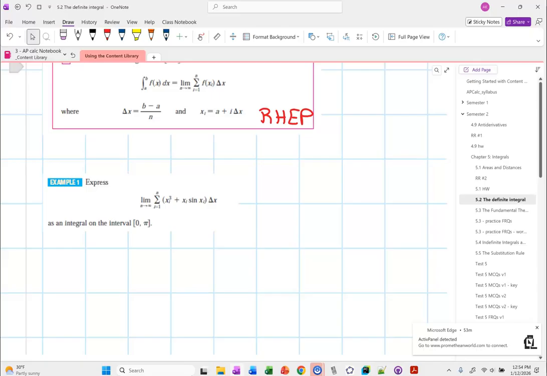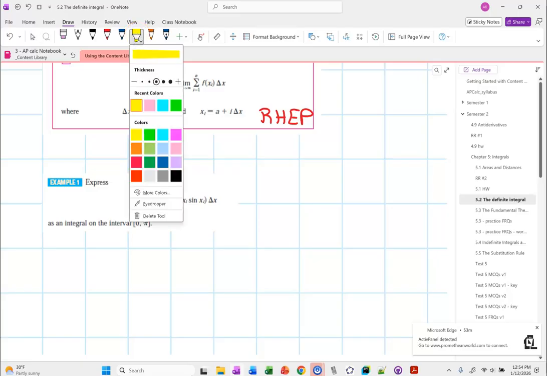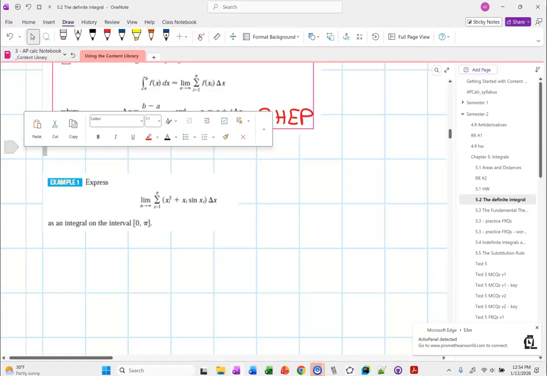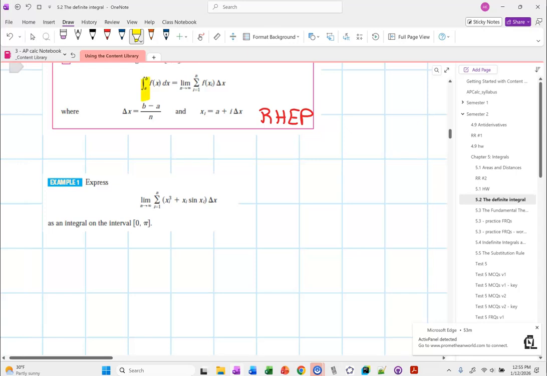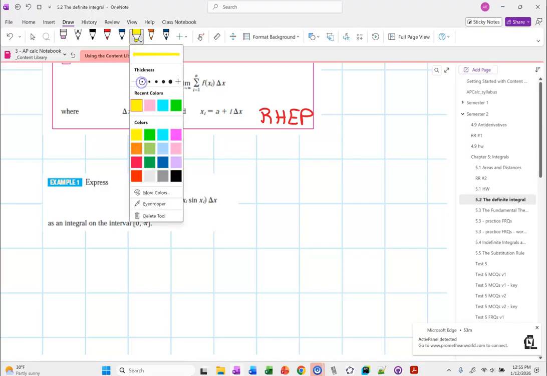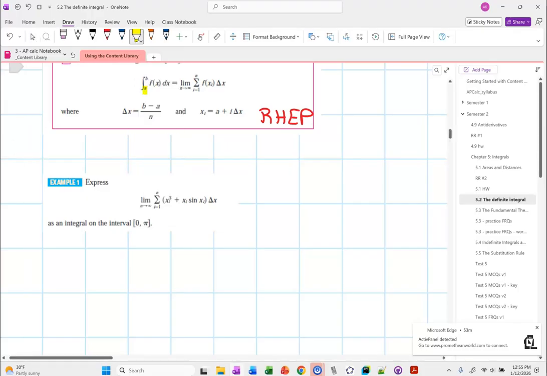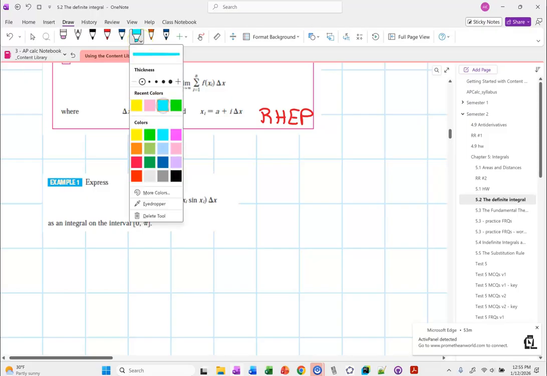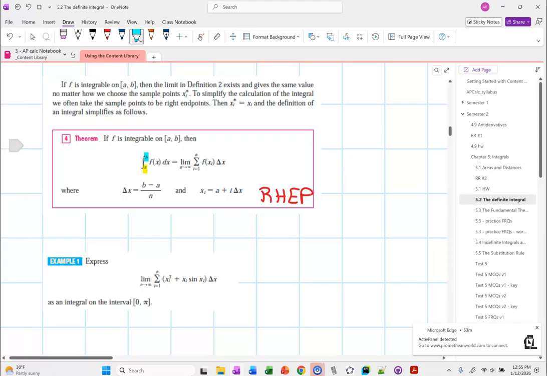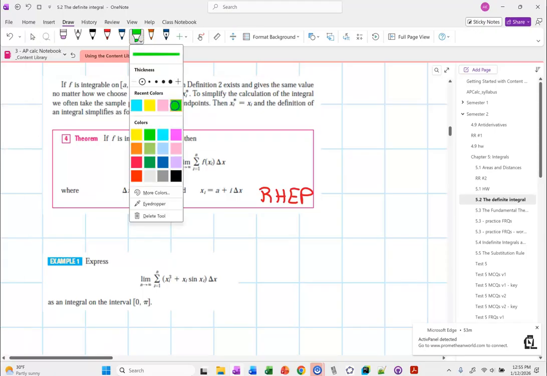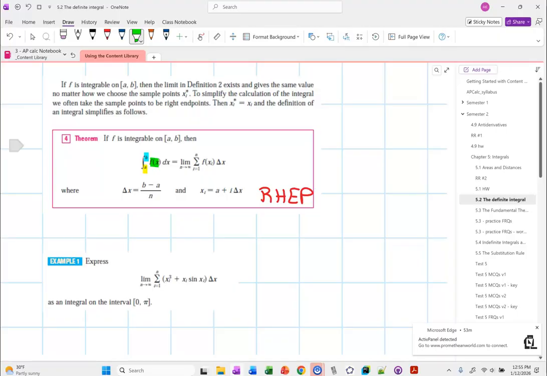To do that, I need to figure out what a is. Need to figure out what b is. And then I need to figure out what f of x is. Everybody okay?